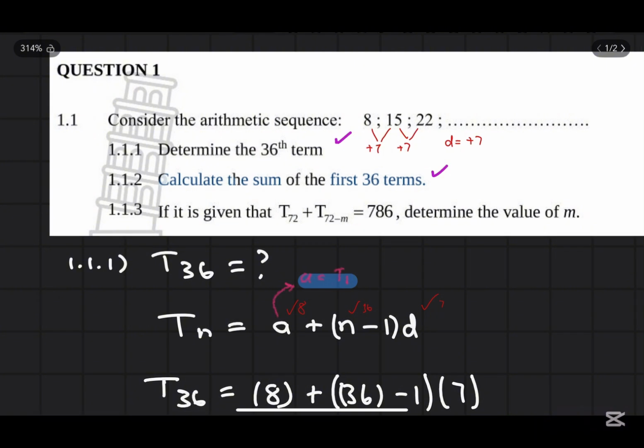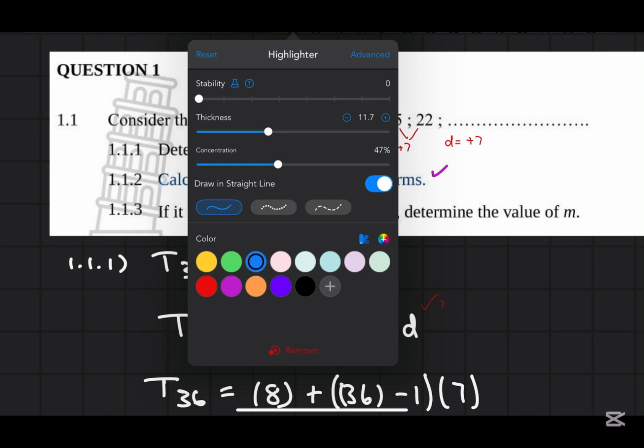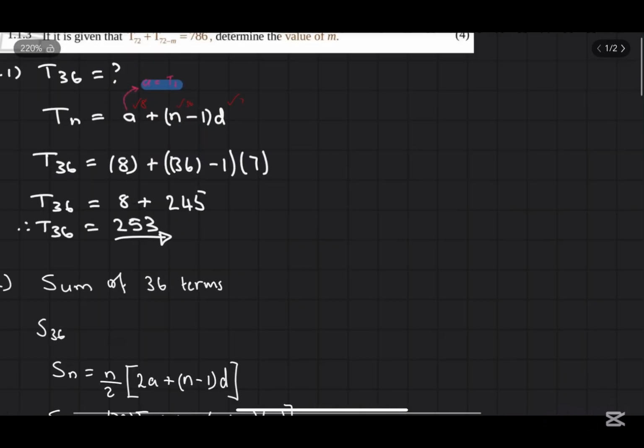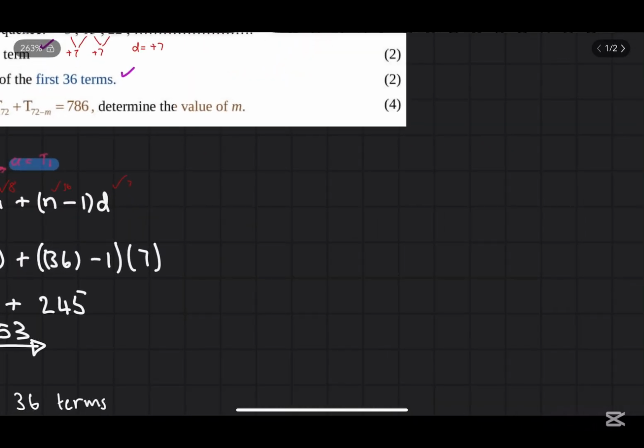1.1.3, they say that it is given that T72 plus T72 minus M is equal to 786, determine the value of M. 1.1.3 is for 4 marks.